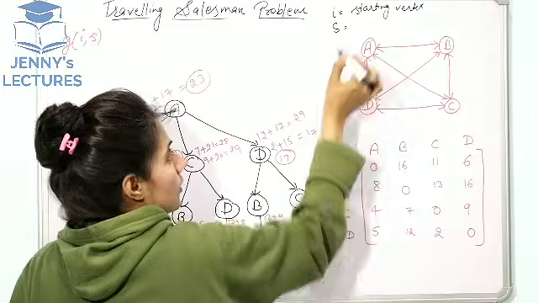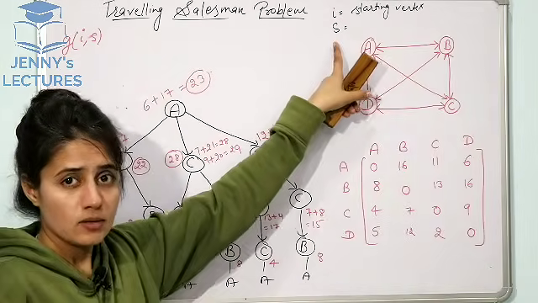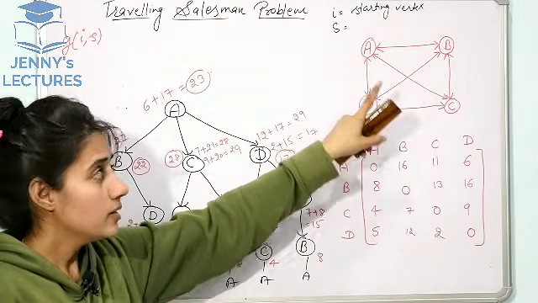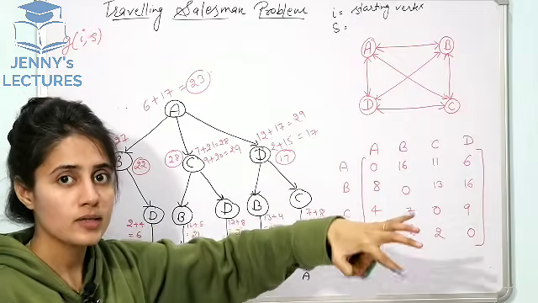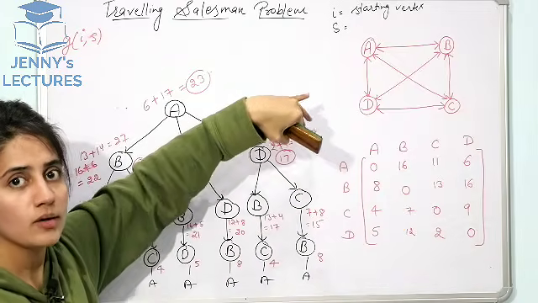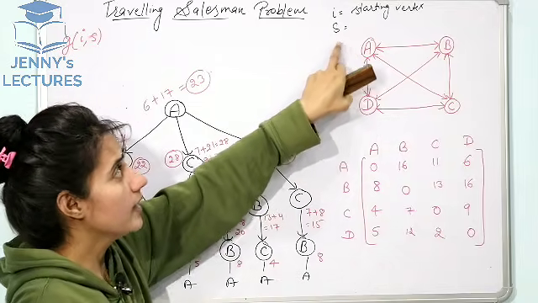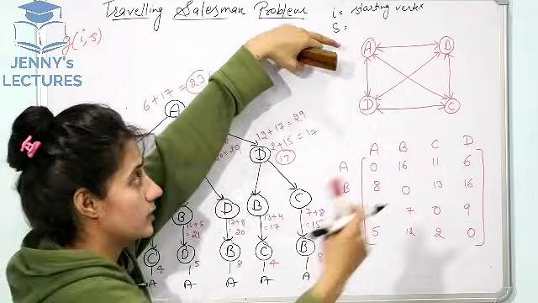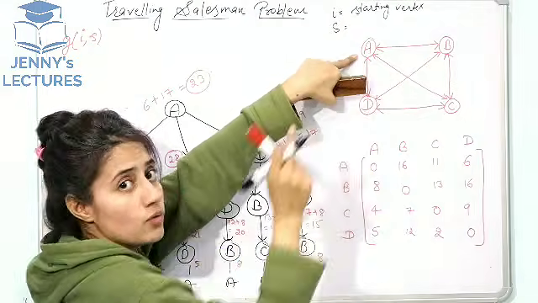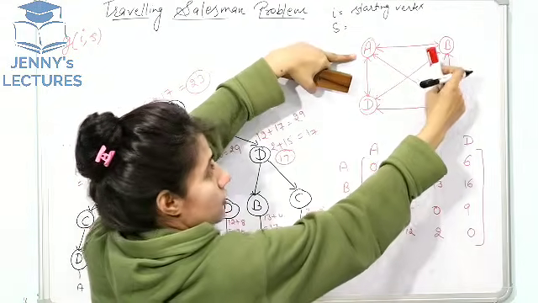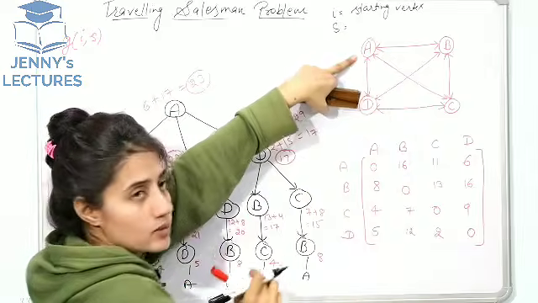And S is the set of vertices that the salesman will visit exactly once and then come back to its starting vertex. Now suppose the starting vertex I is A, then S would be the set of vertices except this starting vertex, the set of vertices the salesman will visit exactly once, that is B, C and D. This would be the S.